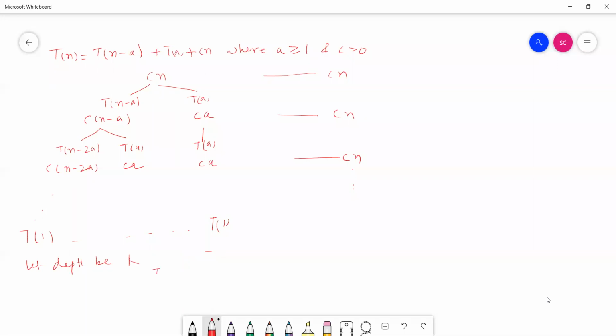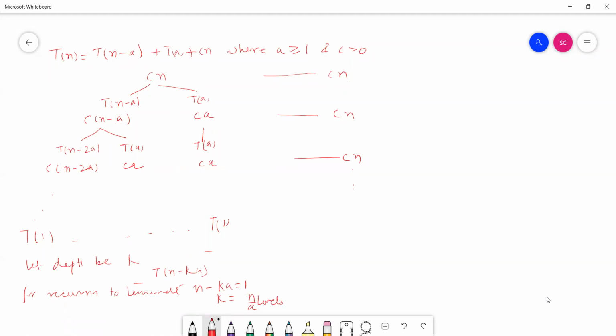So at the kth level we will have this input size. And for recursion to terminate, n minus ka is equal to 1. It means k is equal to n by a. This is the number of levels.